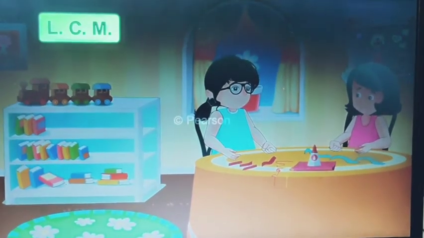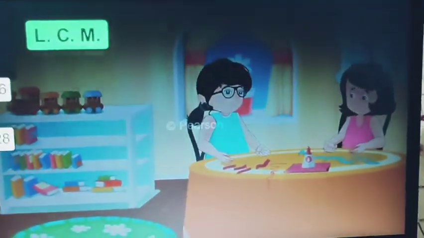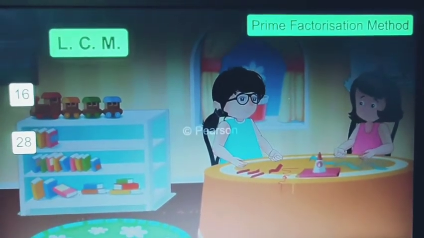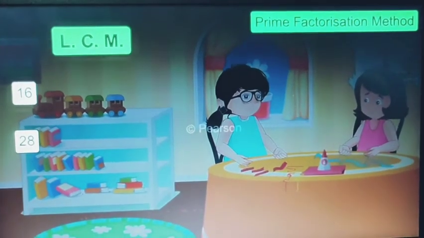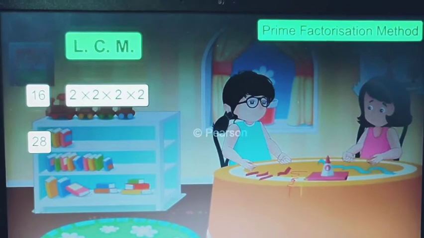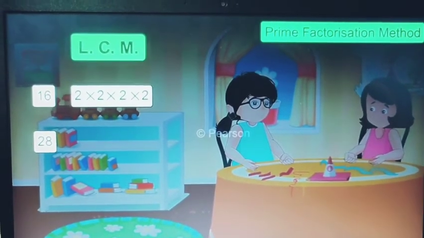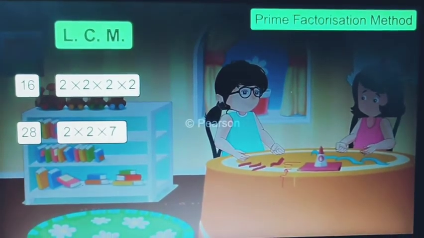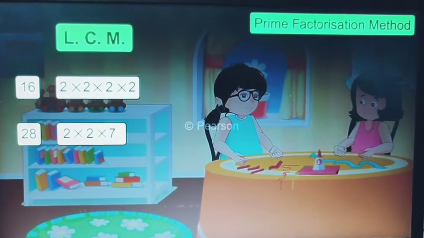Let's find the LCM of 16 and 28 using prime factorization method. The prime factorization of 16 is 2 into 2 into 2 into 2. The prime factorization of 28 is 2 into 2 into 7.